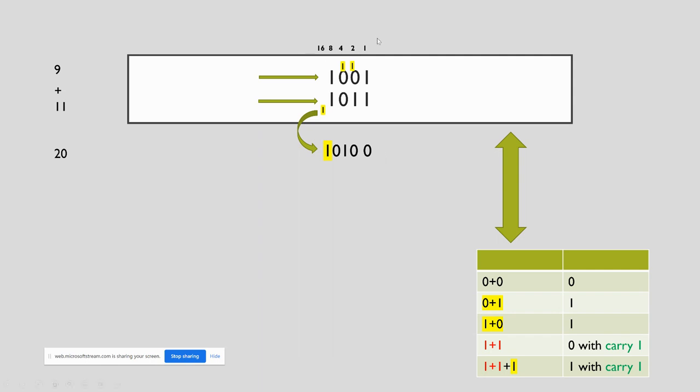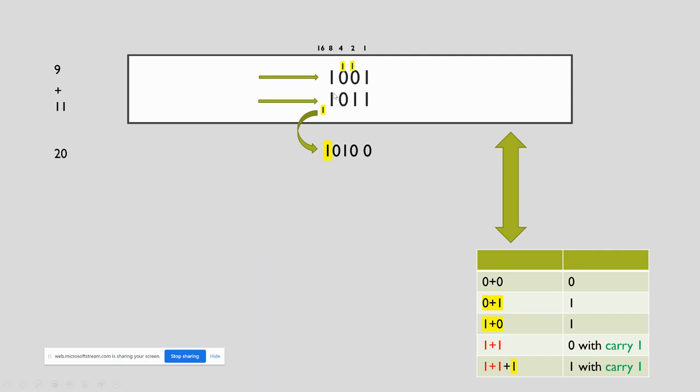That's why it's very, very important we follow this rule if you watched my previous tutorial. So let's do the addition. 1 plus 1, we know it's 0 with carry 1. So 0 and carry 1. Now we have 1 and 0 is 1, because of that carry 1 from the previous one. 1 plus 0 is 1. 1 plus 1, the same rule applies, becomes 0 with carry 1. 1 plus 0 is 1. 1 plus 0 again is 1.